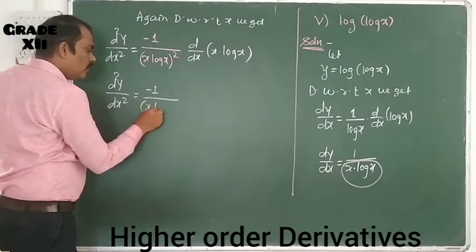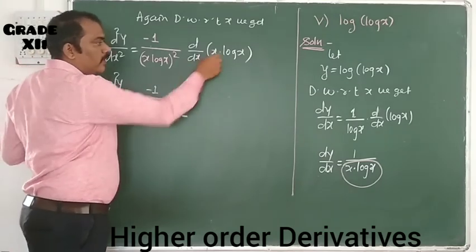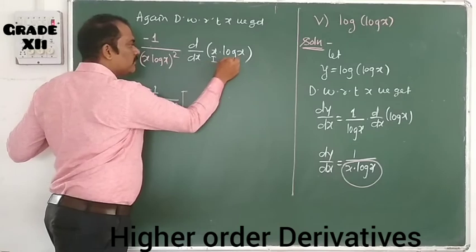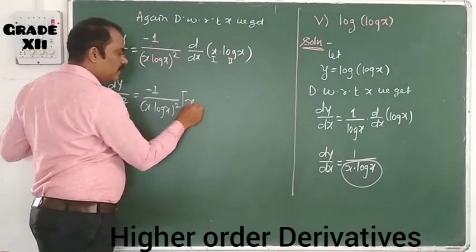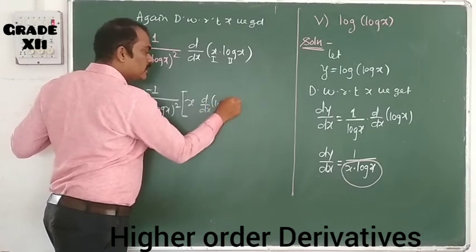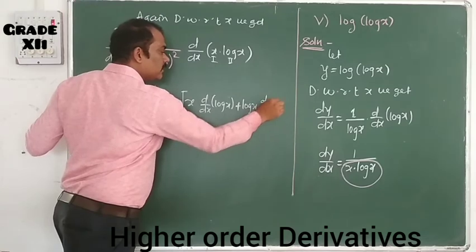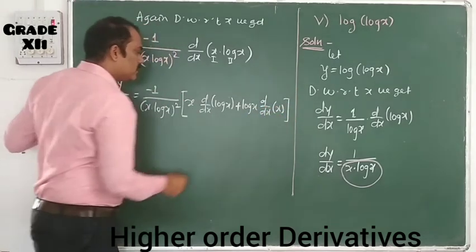So d2y/dx square is equal to minus 1 upon x into log of x bracket square into, here we have to use the product rule, this one as the first function, this one as the second function. First as it is, d/dx of second, that is log of x, plus second function as it is, d/dx of first, that is the derivative of x.